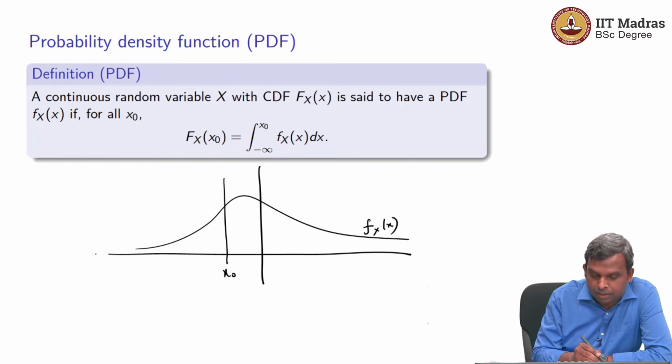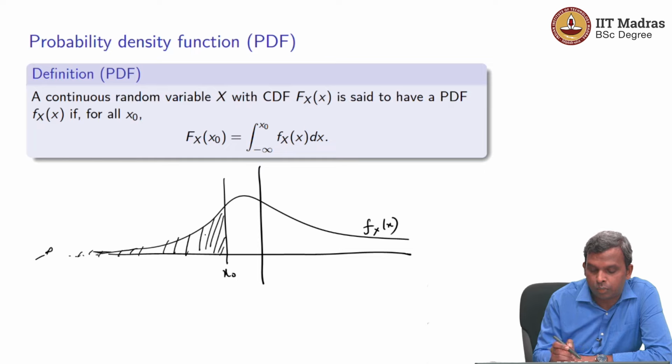What is the integral from minus infinity, which is something way out there, to x naught of fx of x? It's the area under this curve all the way here. This has to be equal to capital Fx of x naught.